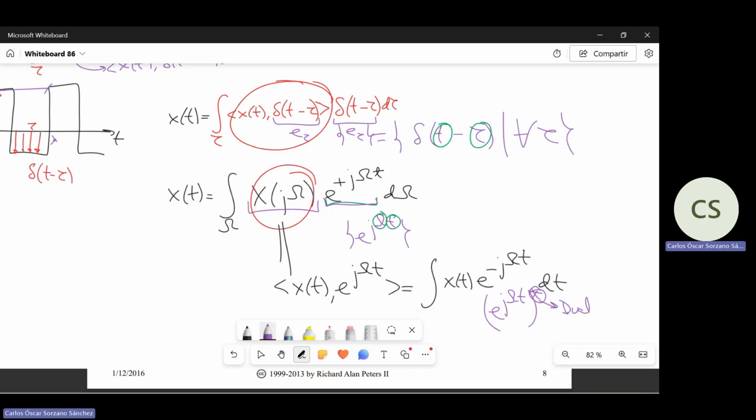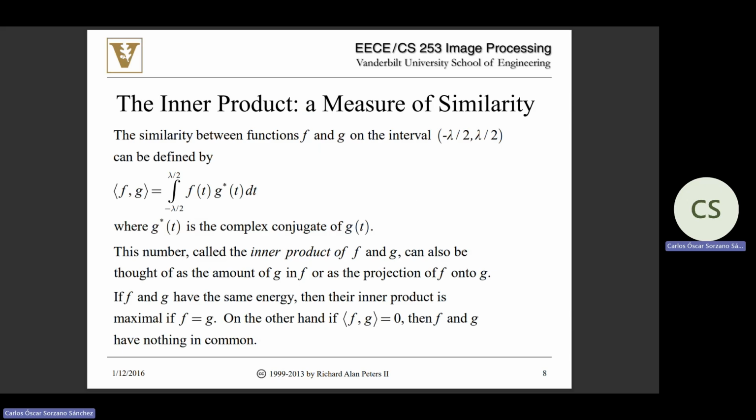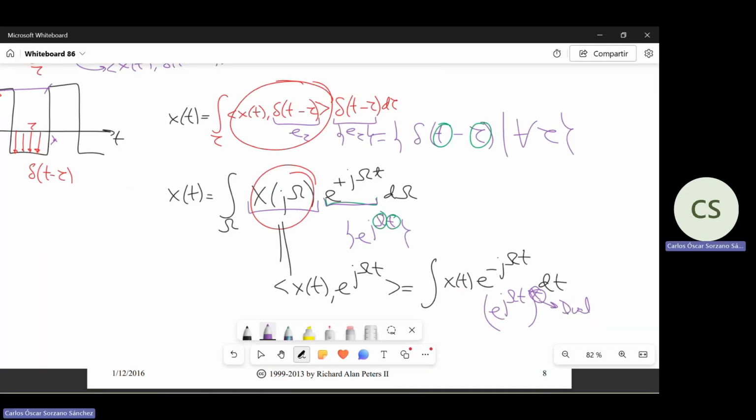They are not dual if they are not orthogonal, but all these ones are orthogonal to each other. Which one? Here, this one. Yes, because the definition of the inner product has a complex conjugate.